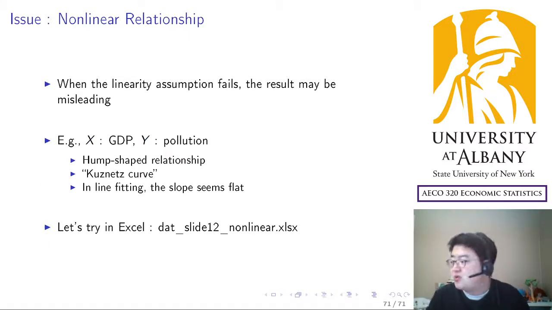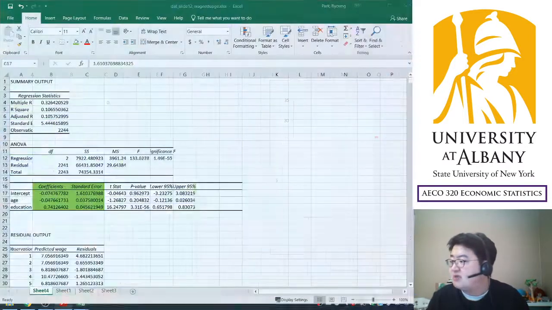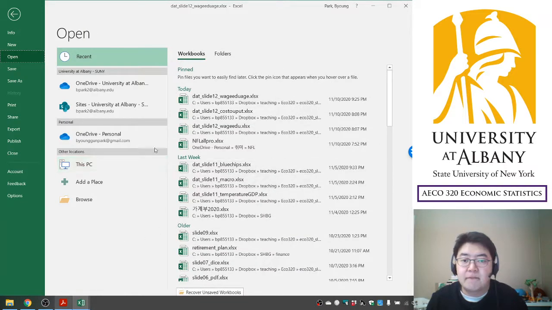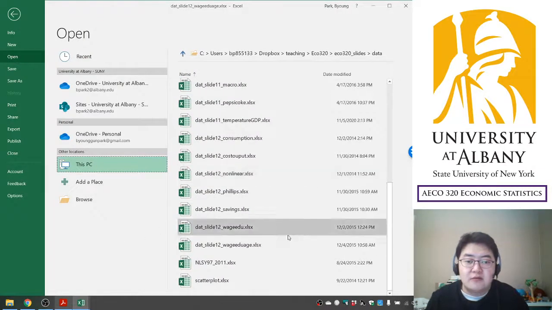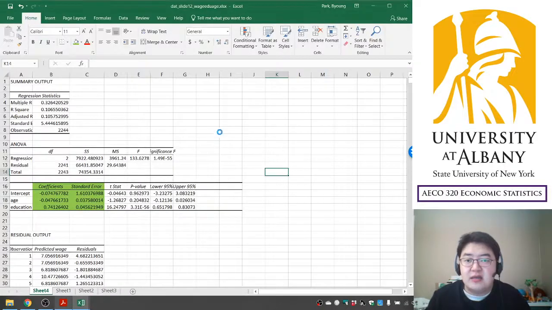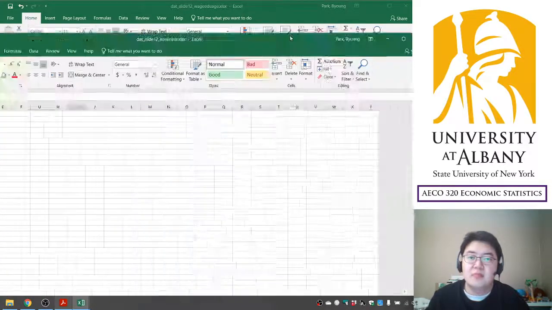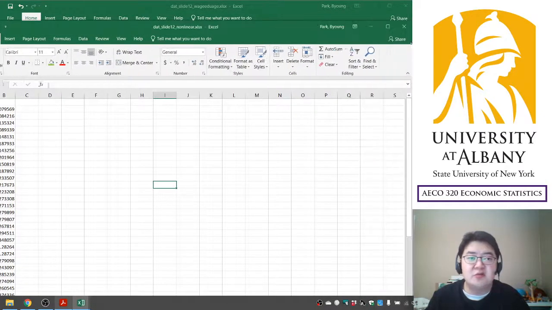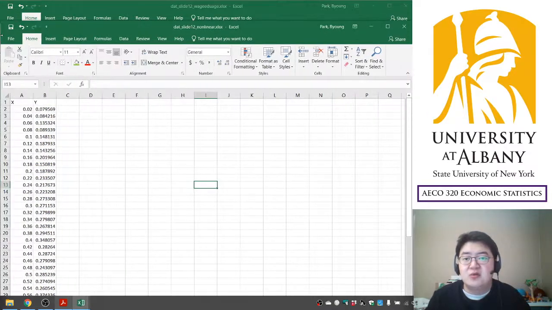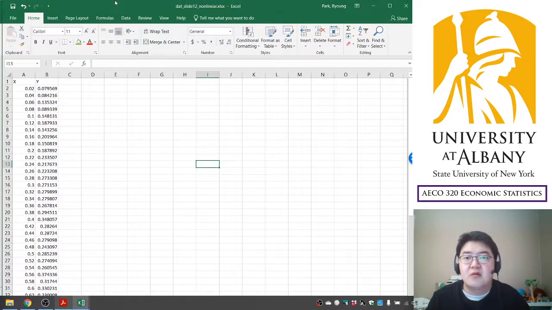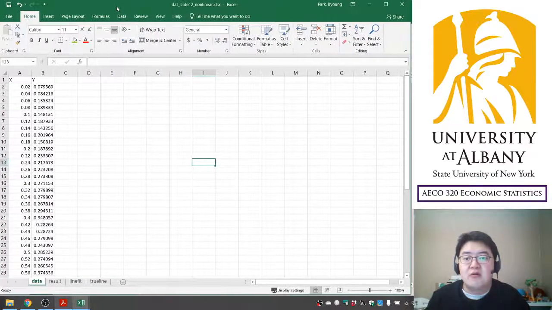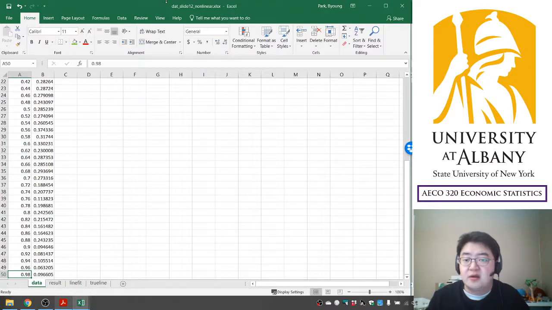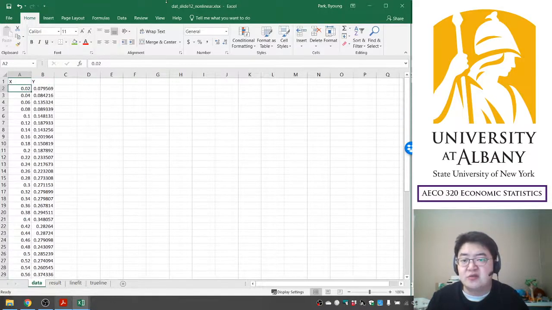So let me show you the final example. It has x and y. They are simulated numbers, not real data. Think of this: you have X and Y, with 49 observations.